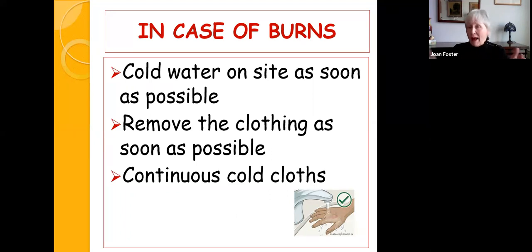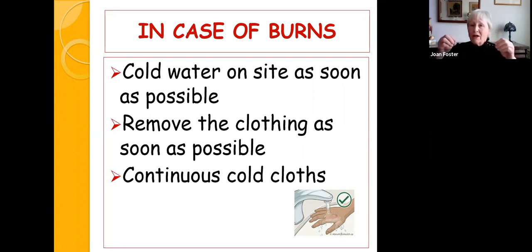Now, if you've got a bag of frozen peas in your freezer, and it's big enough to cover the whole area where that soup burnt, well, then sure, bring it out and put it on, a bag of frozen peas, a bag of frozen corn.